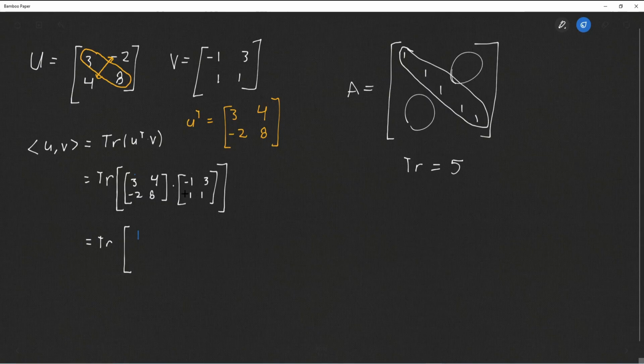So that's 9 plus 4, which is 13. Our bottom left is going to be 2 times negative 1 plus 8 times 1. So that's negative 2 plus 8, which is 10. And then finally we get negative 2 times 3, which is negative 6, plus 8 times 1, which is 8. So negative 6 plus 8, which is 2.